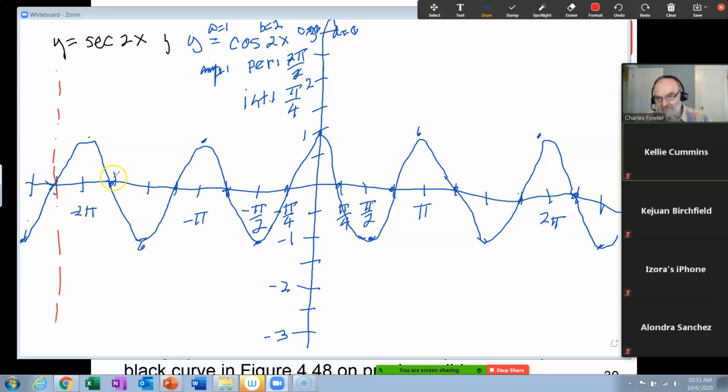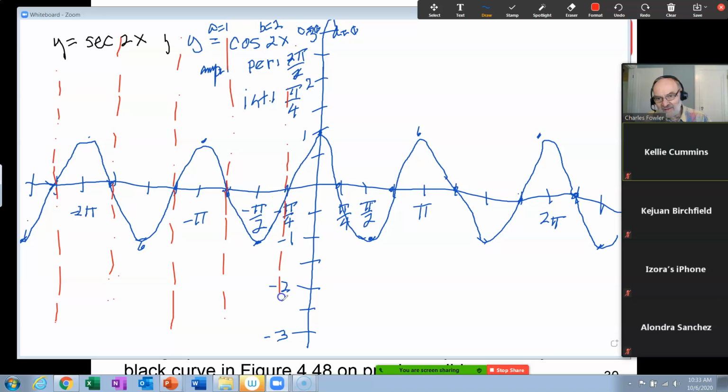A vertical asymptote here, here, and here. Why did I draw them so tight together? I've got to draw all these vertical asymptotes.